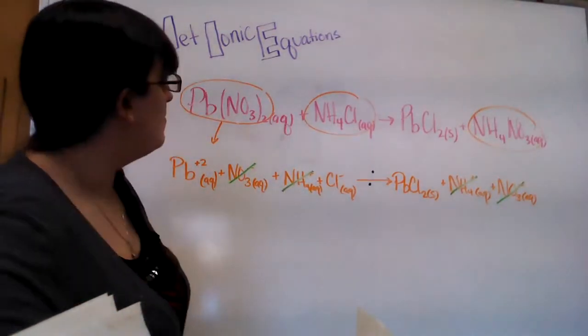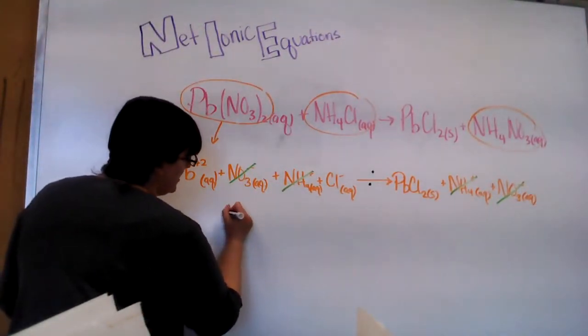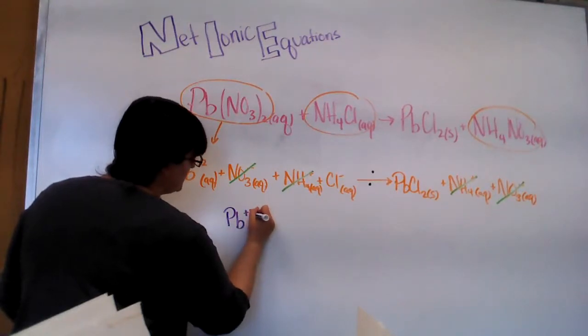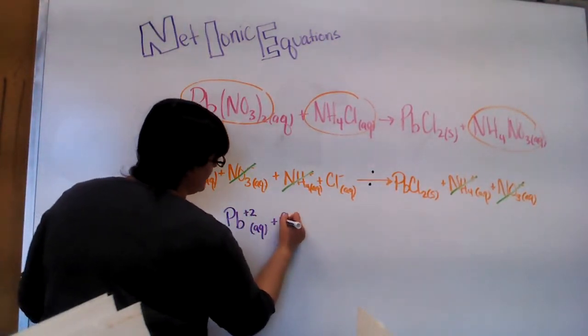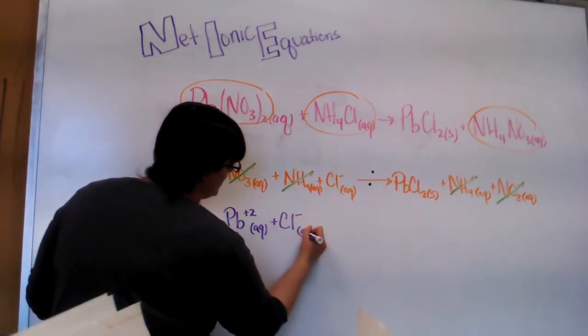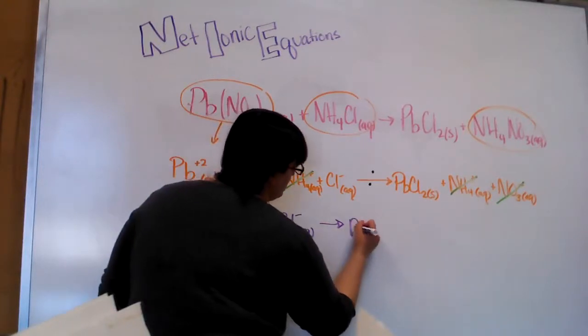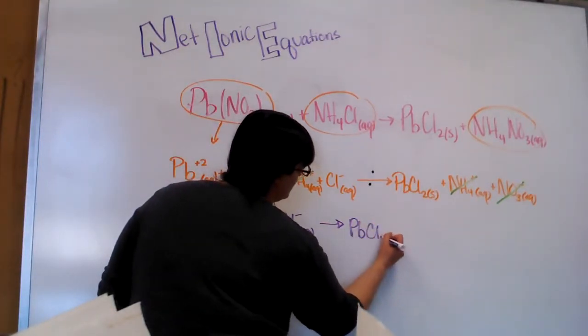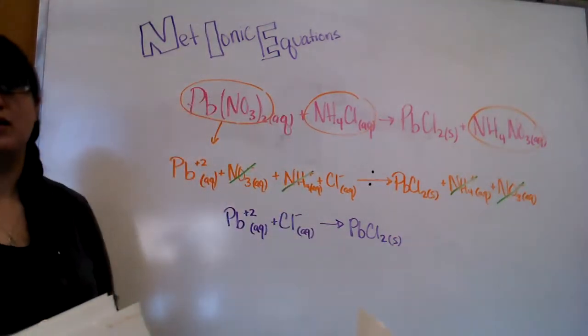So now, what that leaves us with is Pb2+ aqueous plus Cl- aqueous makes PbCl2 solid. So is this balanced?